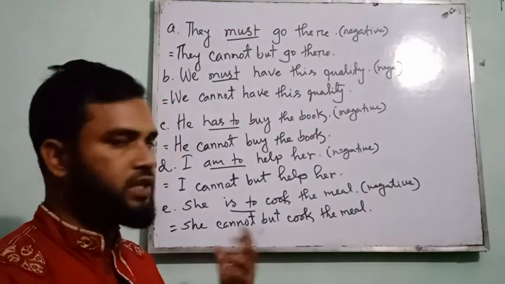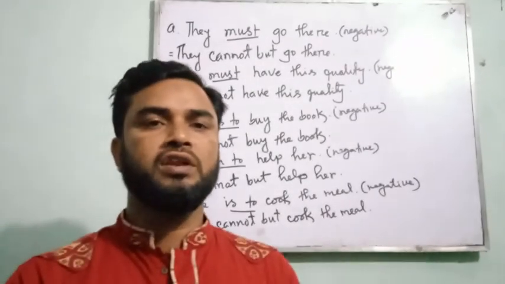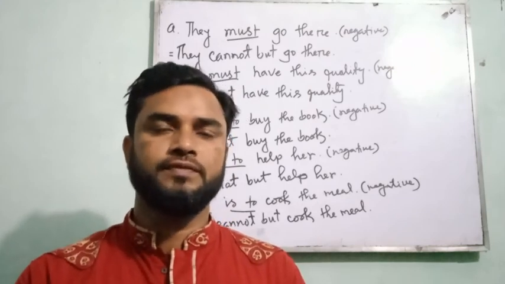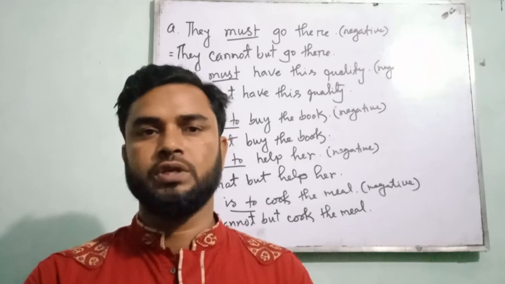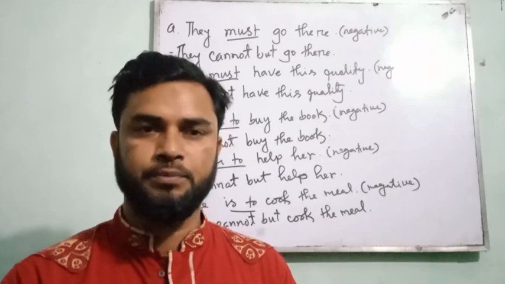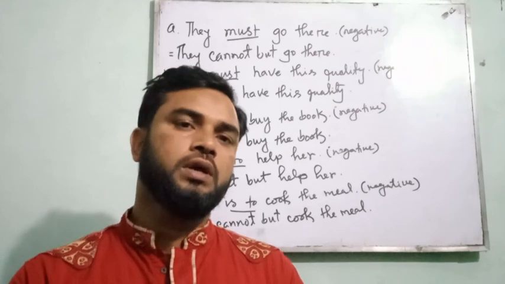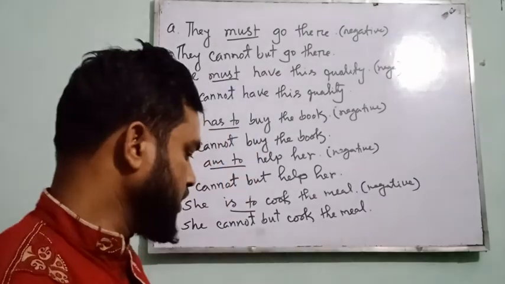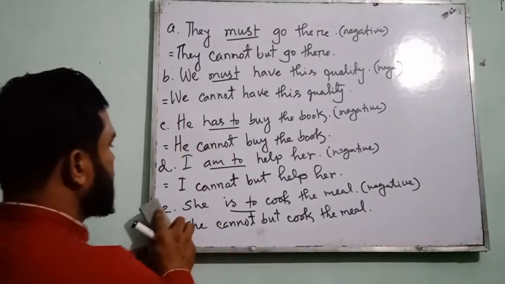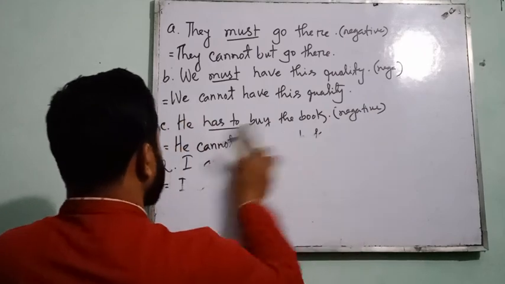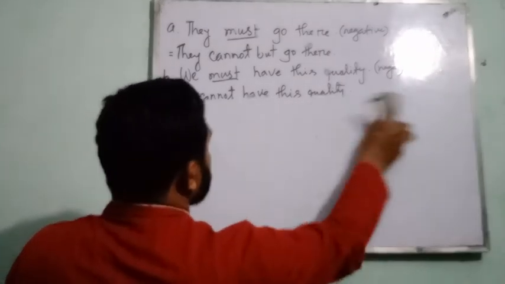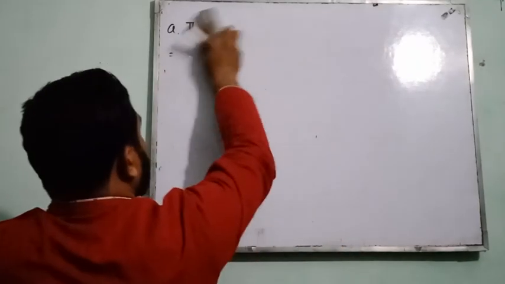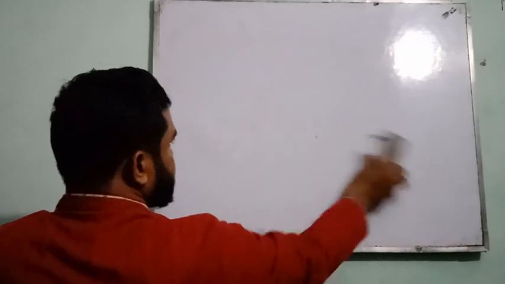And to make this sentence into negative, we can use cannot but in case of must, is to, has to, have to, are to, am to. So I think you can now easily change the sentences which contain must or am to, is to, are to, has to, and have to.